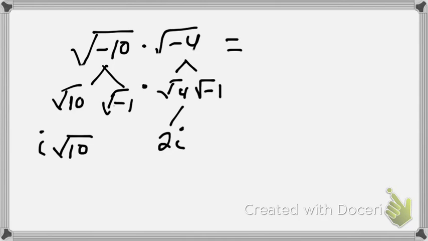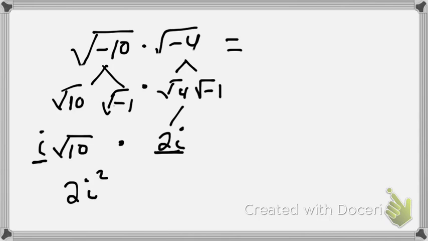Now, don't want to lose my multiplication sign there. So now we have to multiply these together. We have to multiply the i and the 2i together. That's going to give us 2i squared.